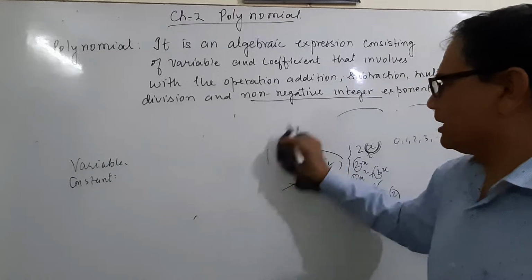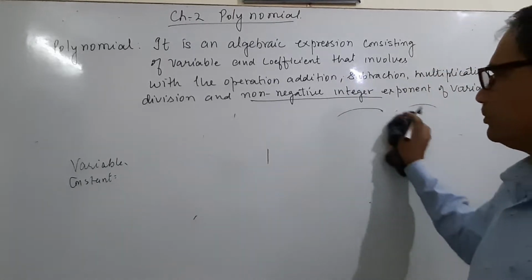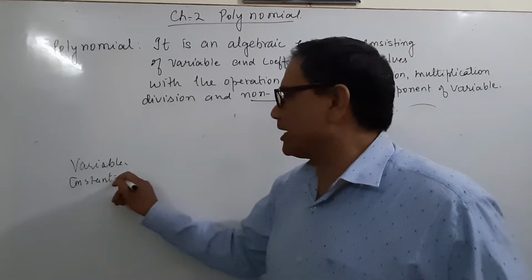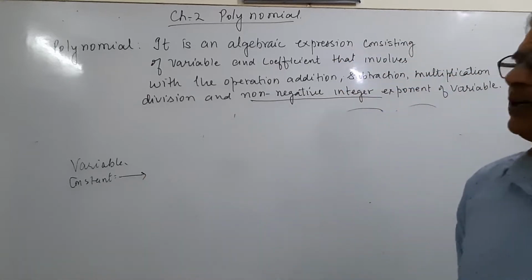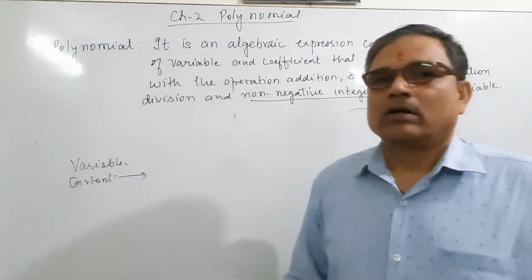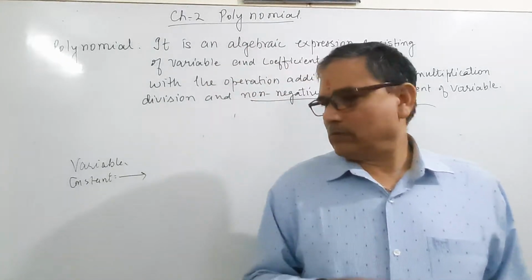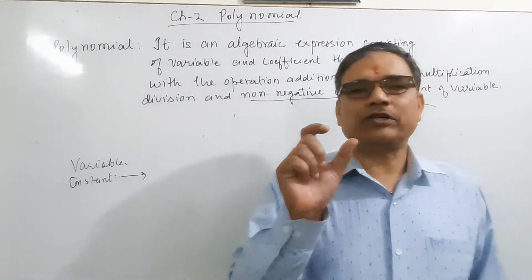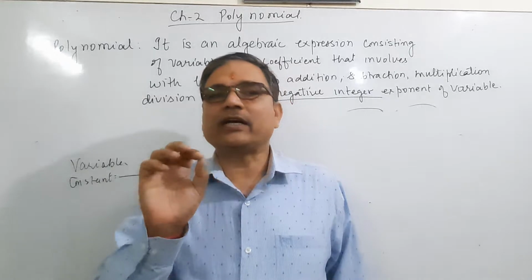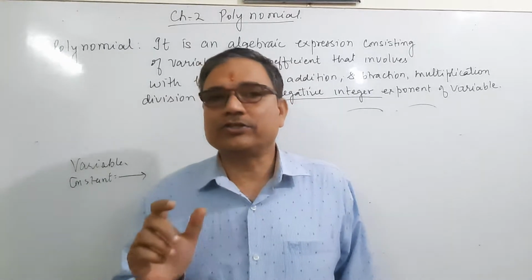And here you know the polynomial has many terms, and you also know the word constant. What is the meaning of constant? I have a 1 rupee coin. The value of this 1 rupee coin is 1, and it can't change.